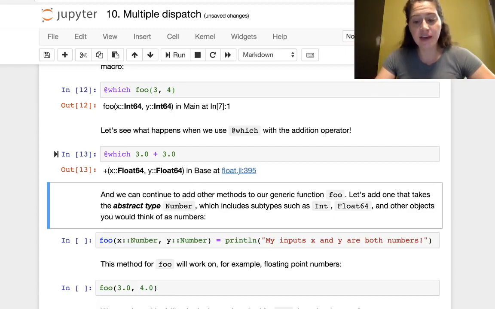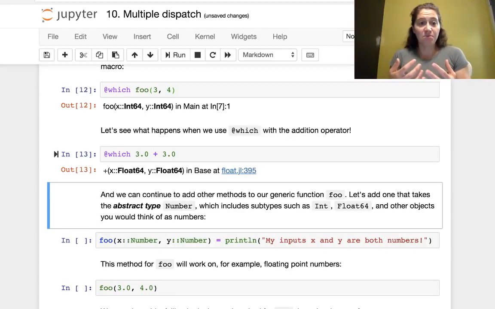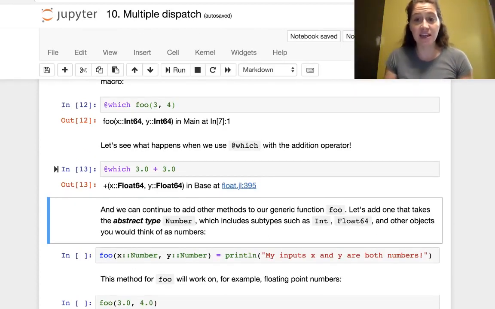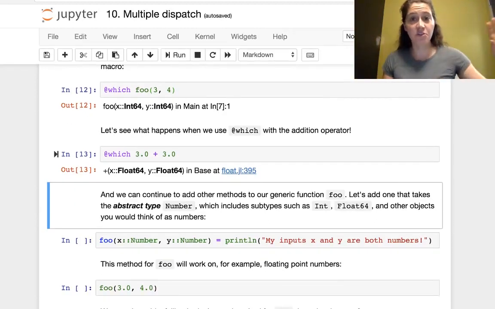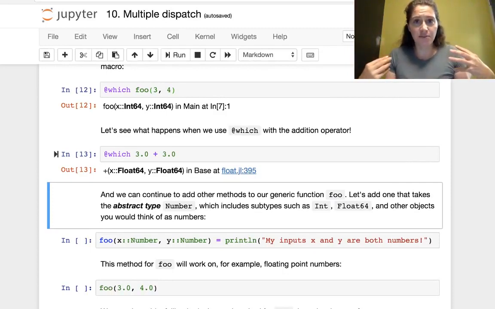Lower level languages, or languages that generate more efficient machine code, get so fast because they're able to make use of additional information. If we're coding in C or Fortran, we tell the compiler up front that this is an integer, or this is a float, and then the compiler can use that information to apply constraints that allow it to perform optimizations that we luckily don't have to do.